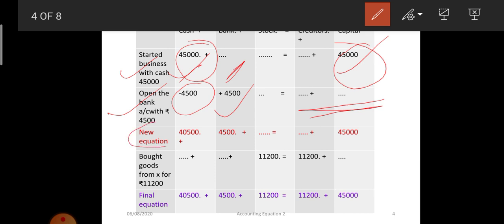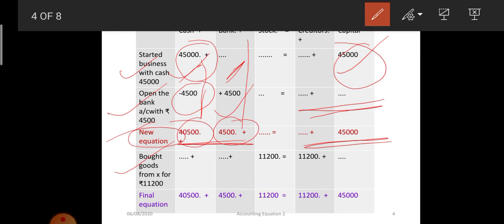So the new equation is 45,000 minus 4500. The cash balance is 40,500, and the bank balance is now 4500. When you add these two, it is 45,000 rupees, and the capital stands at 45,000. So accounting equation is matching. Okay, both the side total is same.